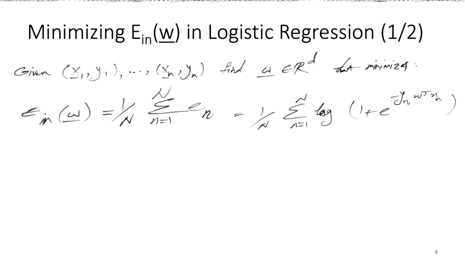And then if we add the values for that En that we defined in the last session, you're going to have 1 plus e to the power of minus Yn W transpose xn.